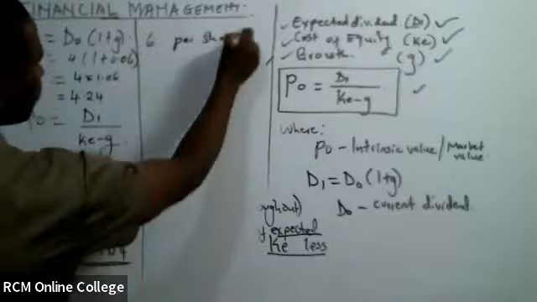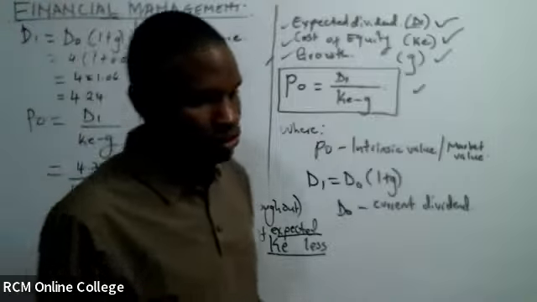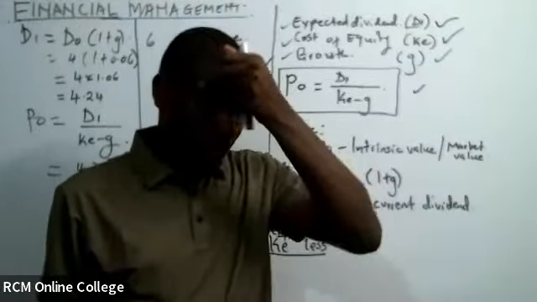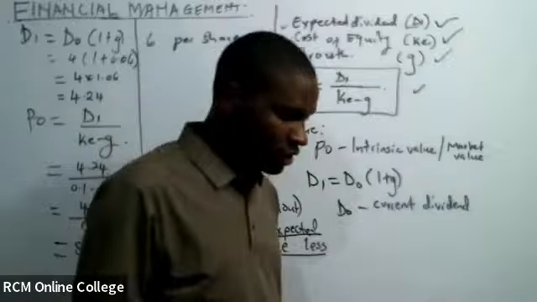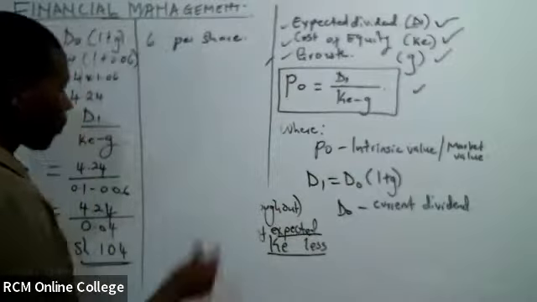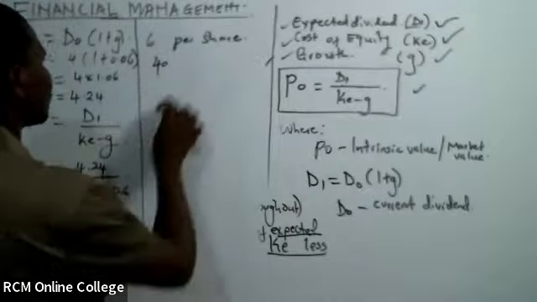Full stop. The expected dividend of Laurentia, or you can put your name there, is 6 shillings per share. The dividend growth rate is 4% per annum.